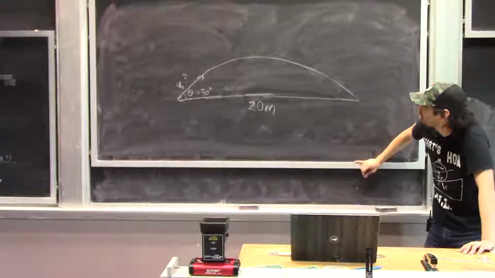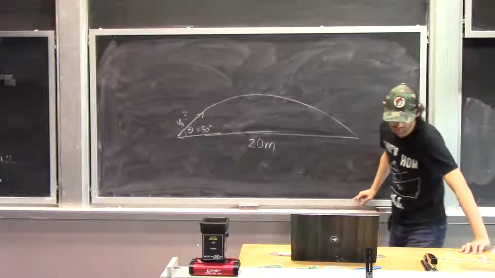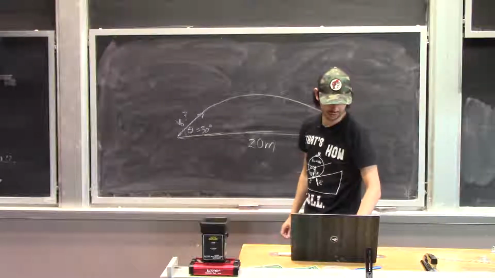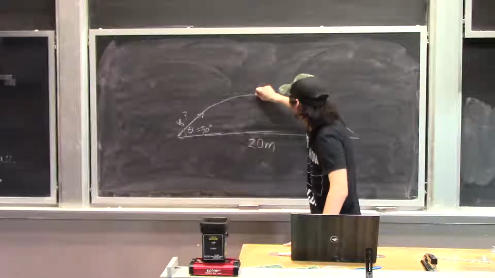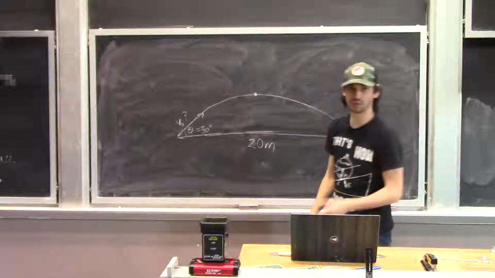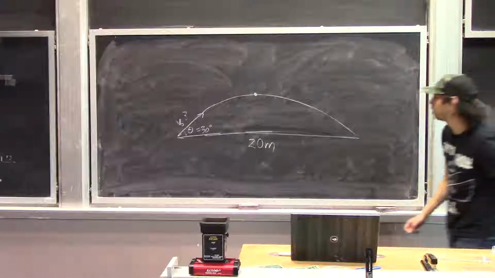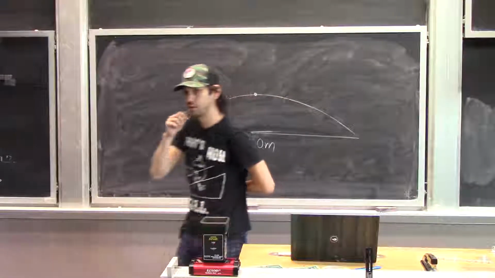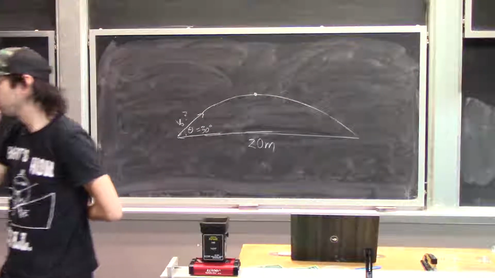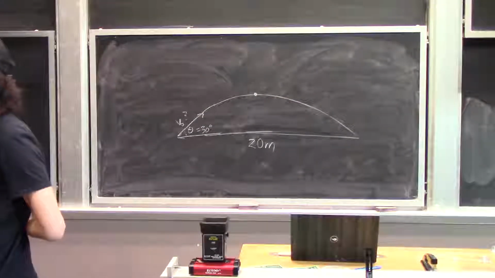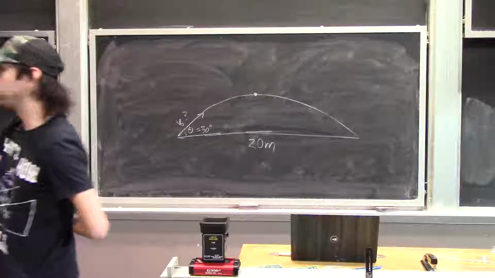Now, another important consideration, and again, it's a little unfortunate because I hadn't gotten to this part of the slides, is what's happening at the top. So let's talk about this for a second. What can we say about what's happening at the top here? Somebody said something? Velocity is zero, close.